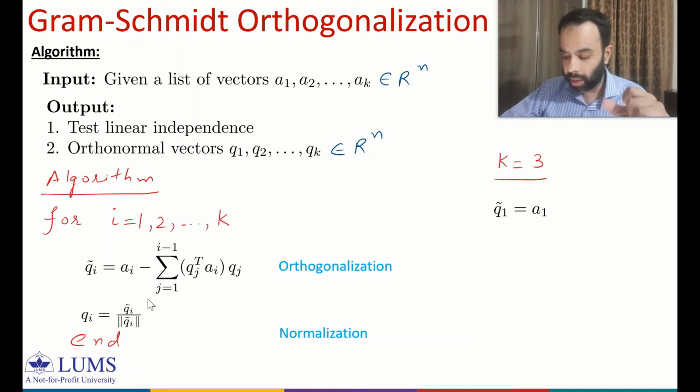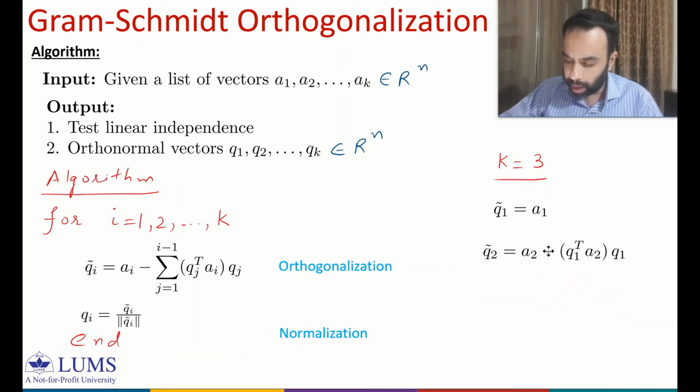Once you have q1 tilde, simply divide by the norm of q1 tilde to obtain q1. So q1 is normalized a1. Once we have q1, we run the second step. When i is equal to 2, q2 tilde would be given by simply a2.